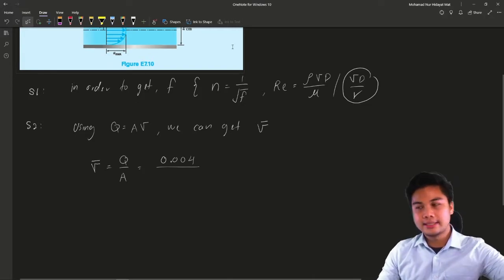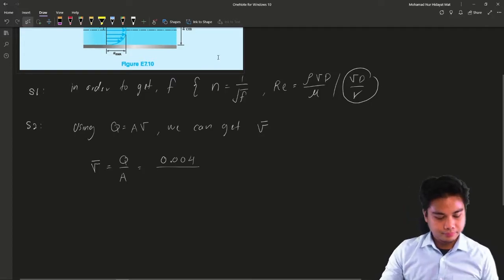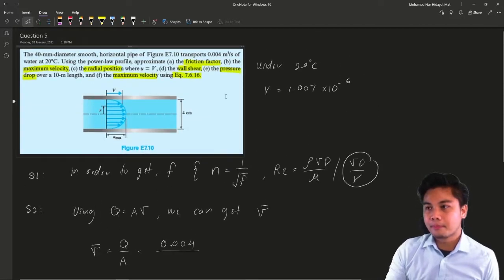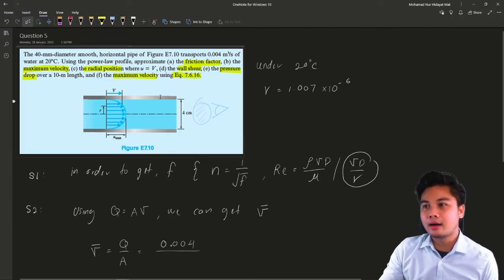Looking at the cross-sectional area, it is a circular shape, so definitely the area is pi r squared.